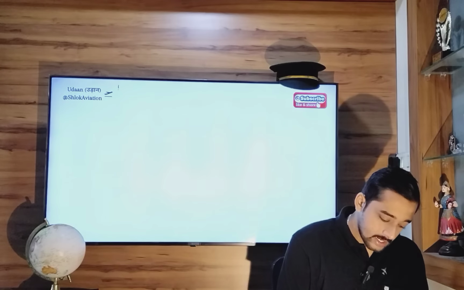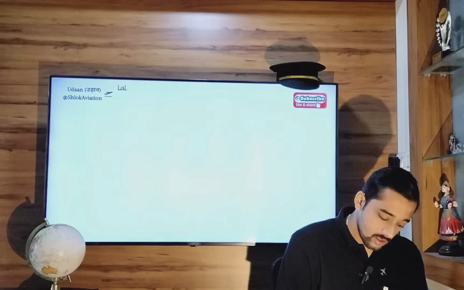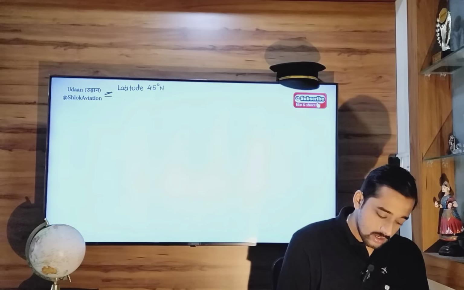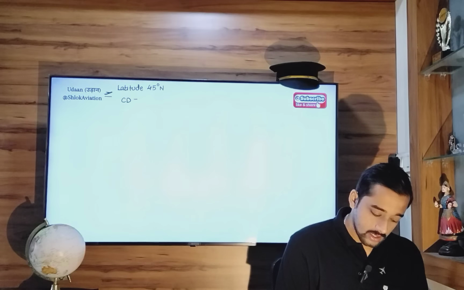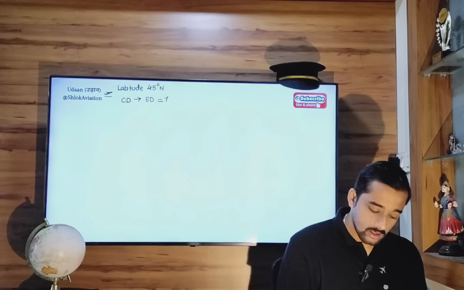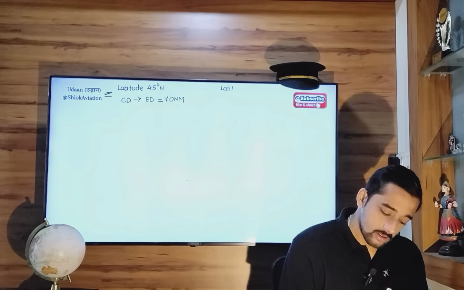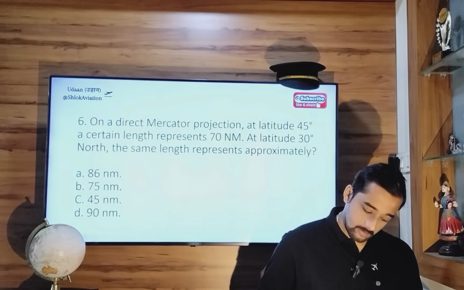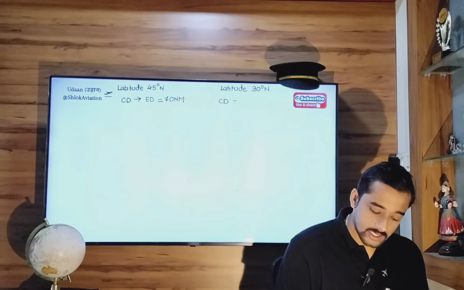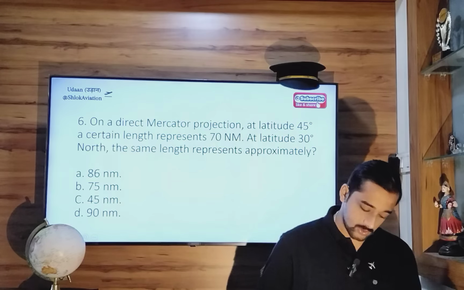First, at latitude 45° north, a certain chart distance is equal to an earth distance of 70 nautical miles. At a different latitude of 30° north, the same chart distance will be equivalent to how much earth distance? We have to find that out.